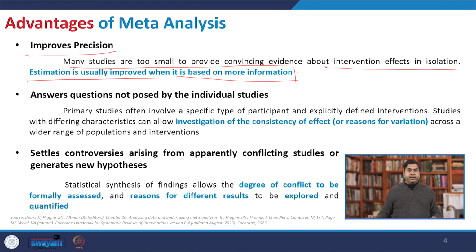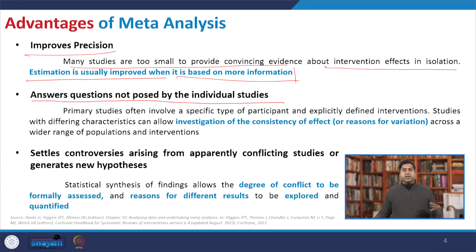So normally if you have more information and it fits well into your analysis, you can expect a better outcome. Along with that, obviously it will answer the questions not posed by the individual studies.